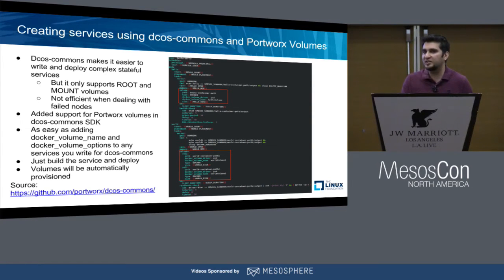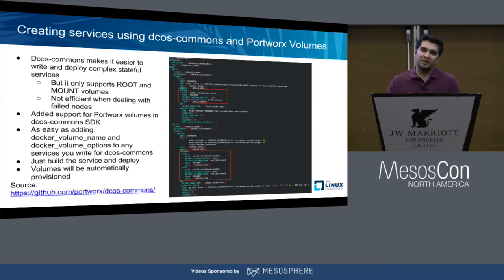If you're writing an application for DCOS Commons, all you need to do is specify the volume name and volume options in the YAML specification, and you will automatically end up using Portworx volumes when your application starts up.